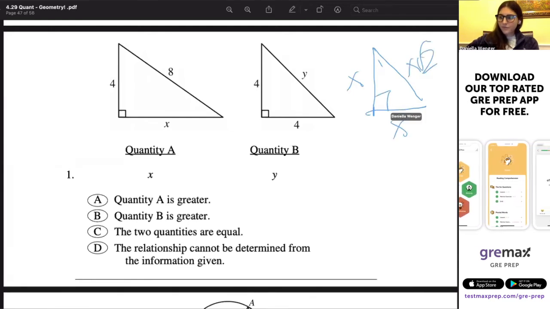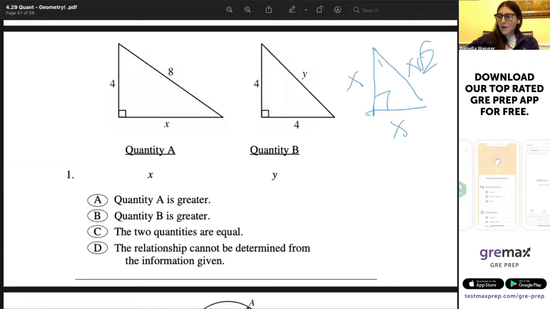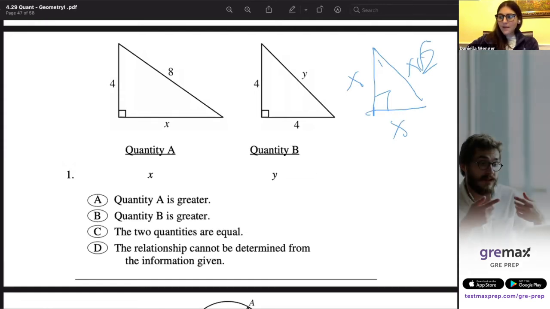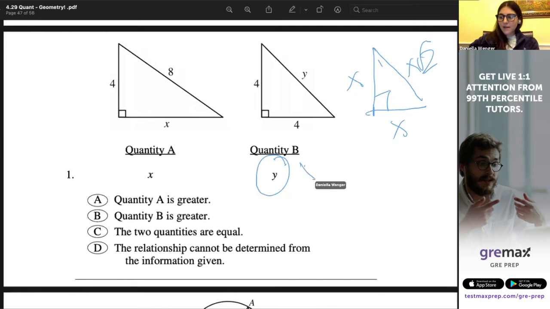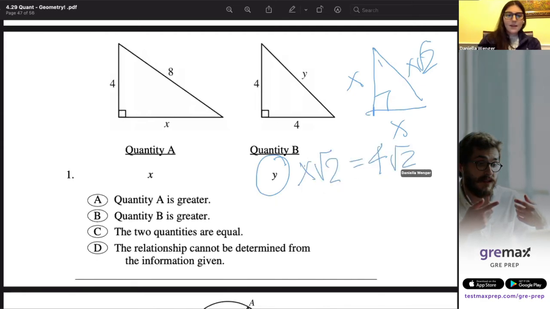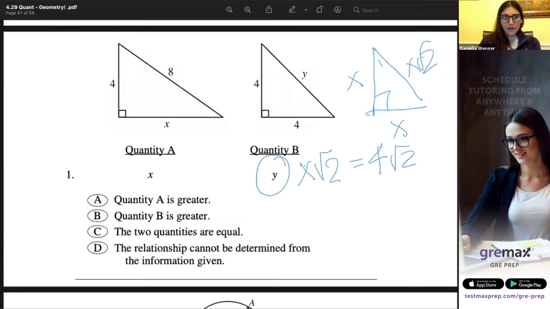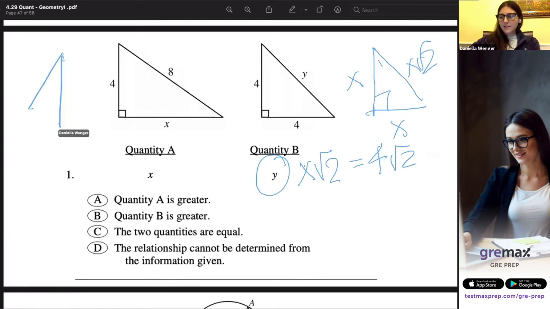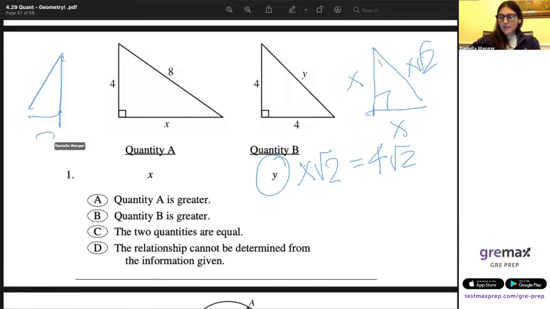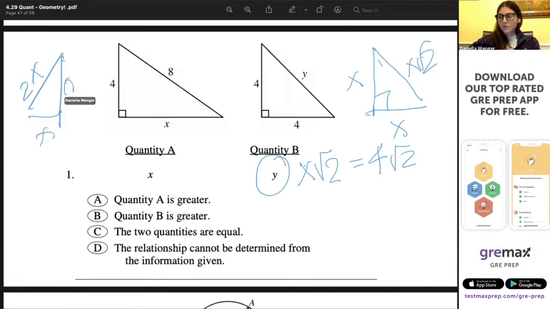So here, to fill in that pattern, we know that quantity B has to equal x root 2, which is, in this case, 4 root 2. Now, if we were to look at the other triangle, what framework does that bring up for us? Well, it reminds us of the triangle that looks like this, which is x, 2x, x root 3.